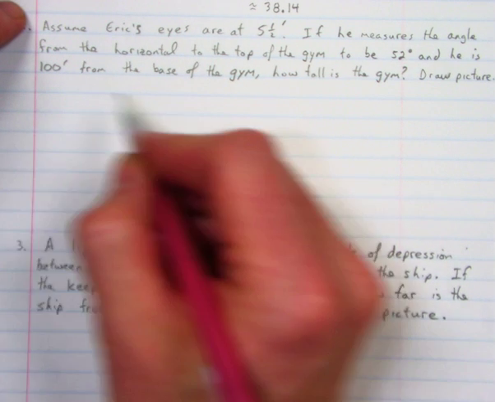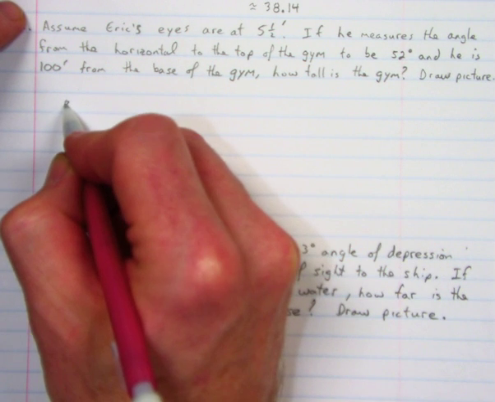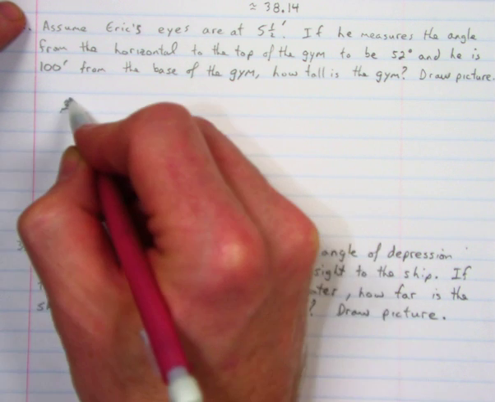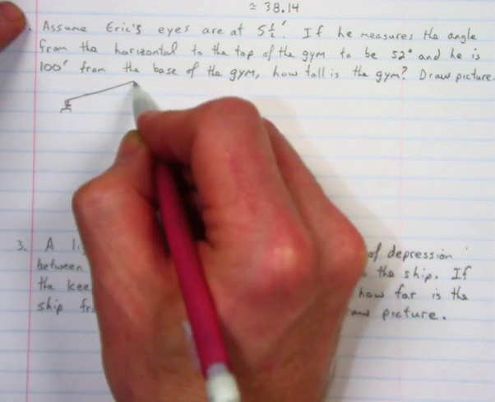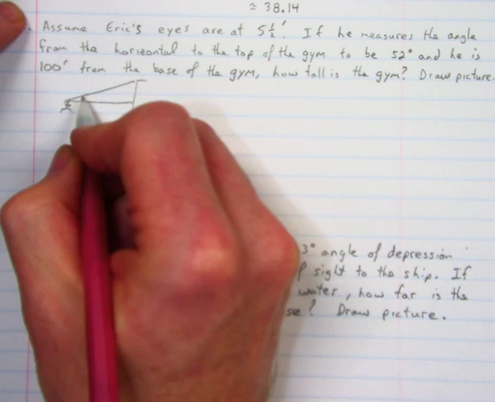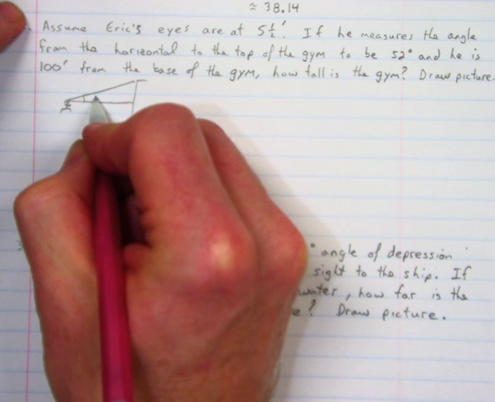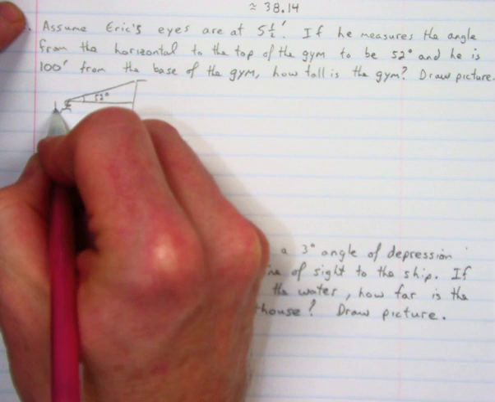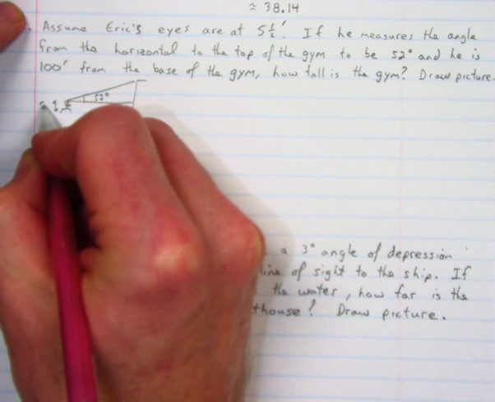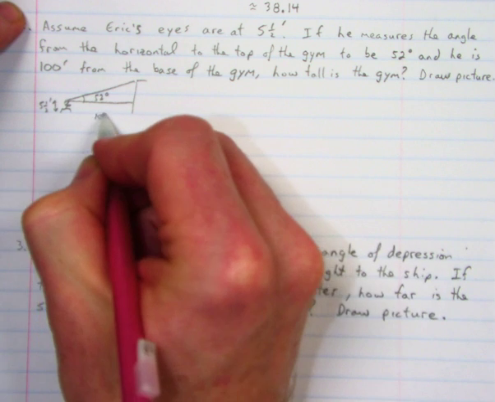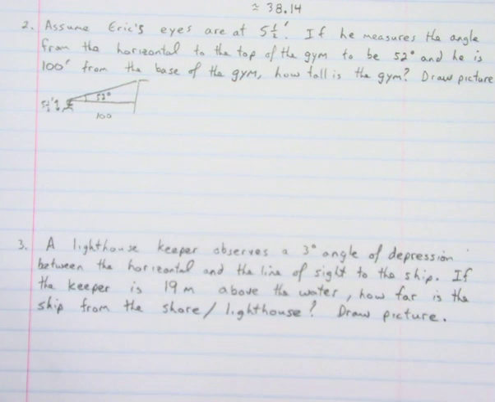So we're going to have Eric standing here, and he's looking up at the top of the gym, and he measures the angle from the horizontal to be 52 degrees, and his eyes are 5.5 feet up, and this distance is 100.